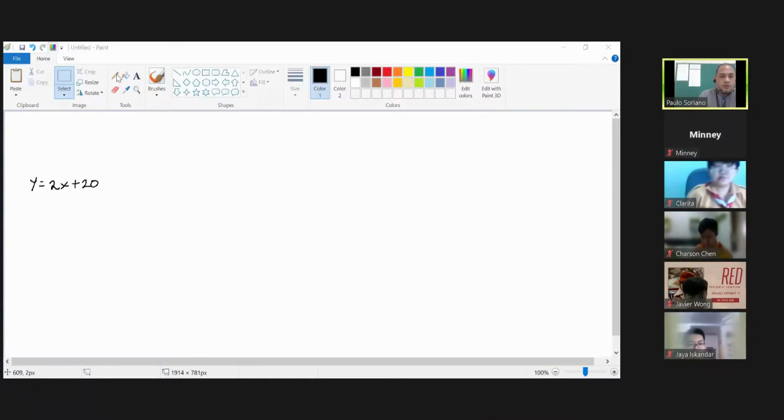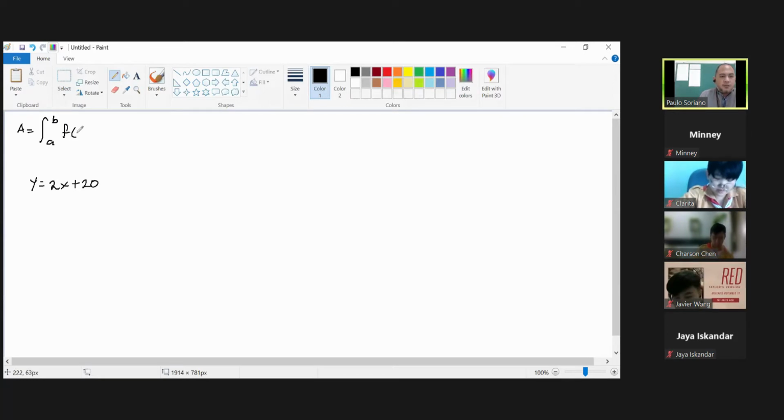The area formula is the integral of a to b of the function in x, and it is now going to be dx. Okay, clear? So given this, let's make a problem here.